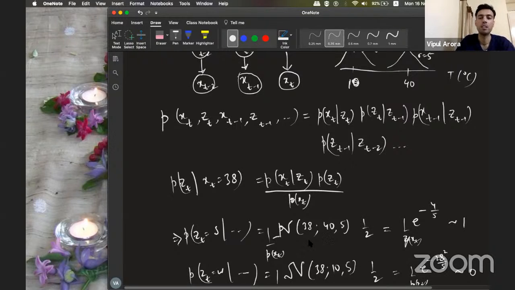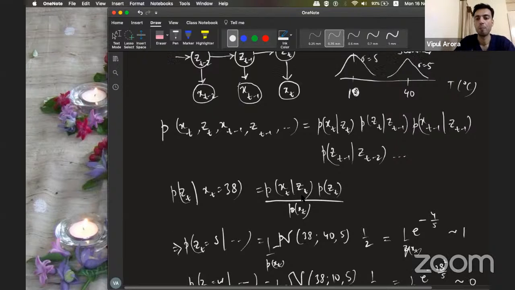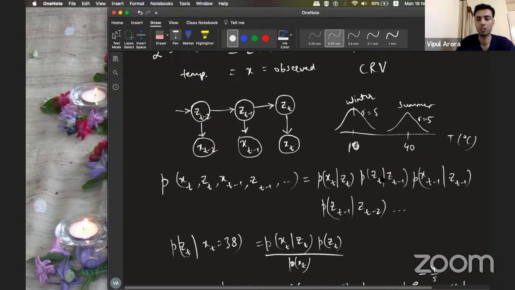We have assumed that given the season, the distribution of X is some continuous PDF, let's say a Gaussian PDF. So all these terms are emission probabilities. Basically, given the discrete variable, what is the continuous variable? Given the season, what is the temperature?